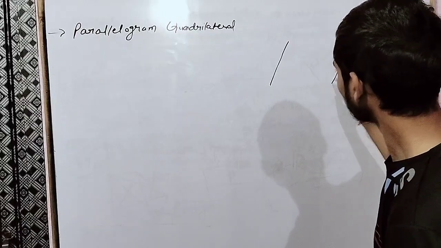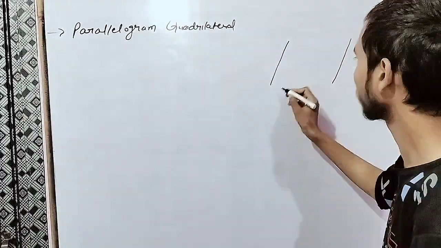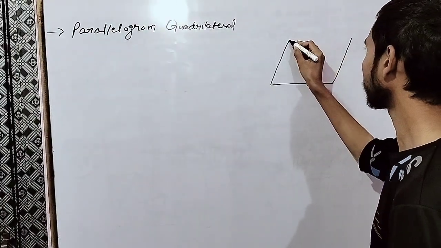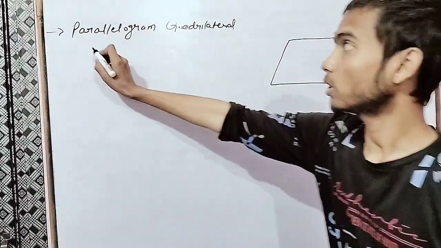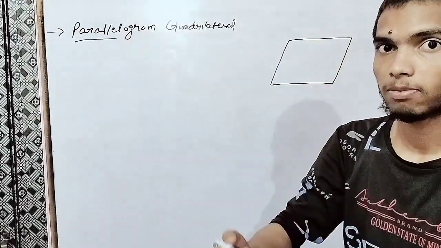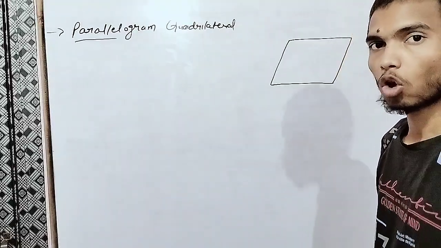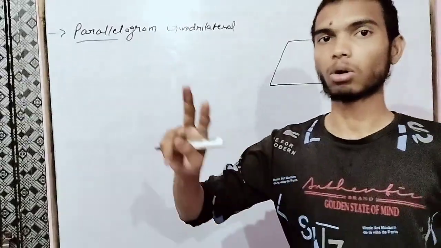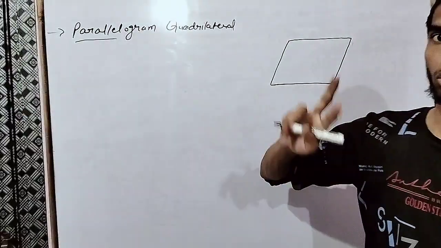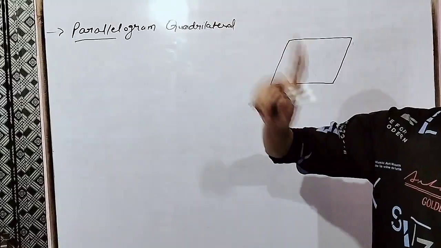I am drawing the figure like this. Here, what is parallel? Parallel means parallel lines. So how many? Two pairs of parallel lines.